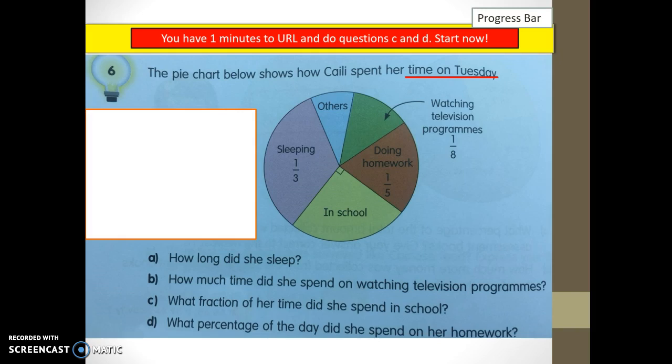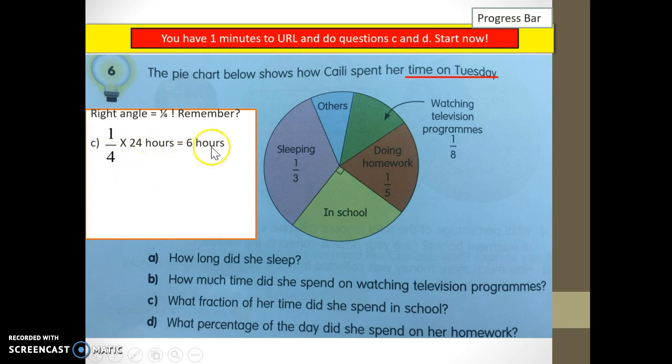Let's take a look at part C. What fraction of her time did she spend in school? Now, what do we observe here? Class, can you participate now and say, what does 90 degrees represent? It represents, that's right, 1/4. So, what fraction of the time? Now, is this correct or is this wrong?